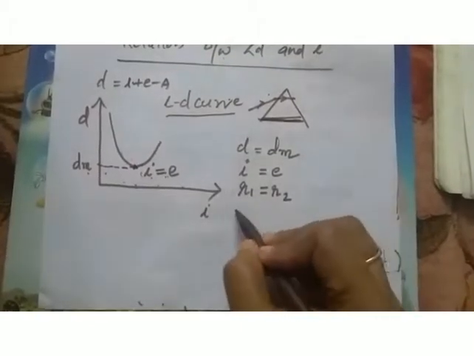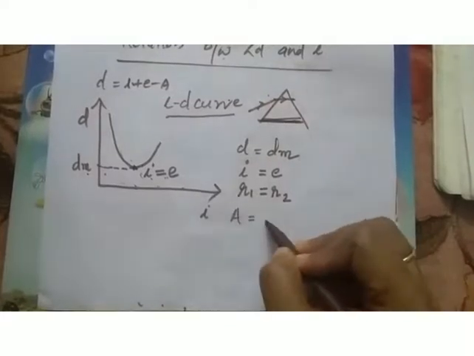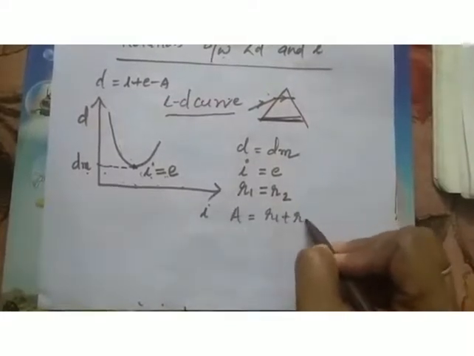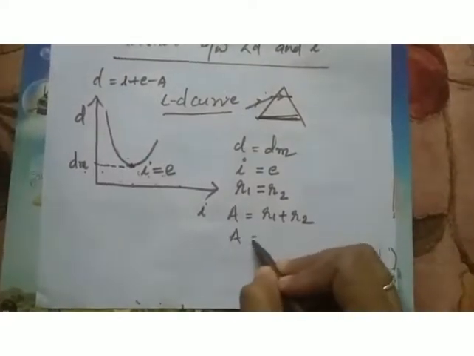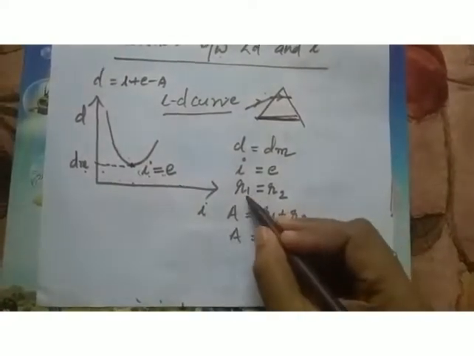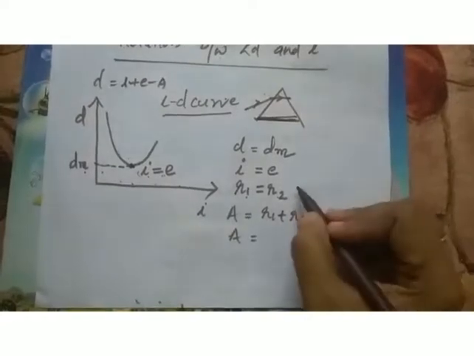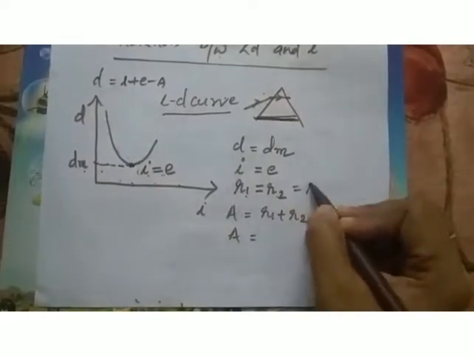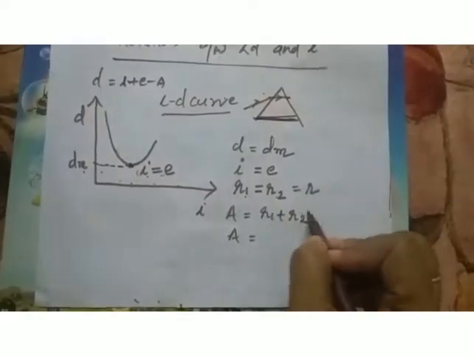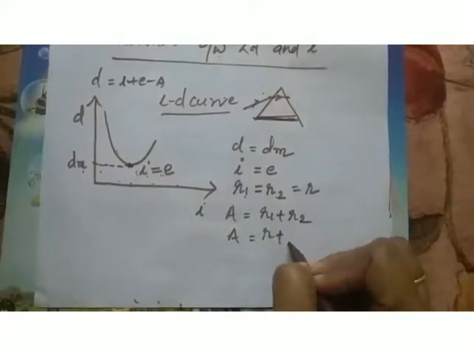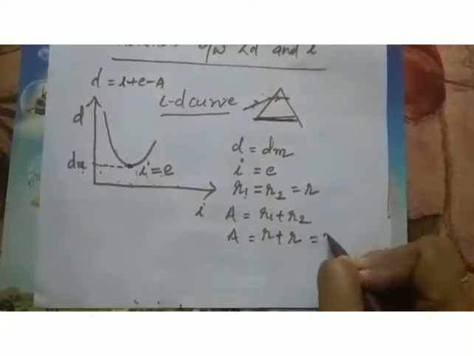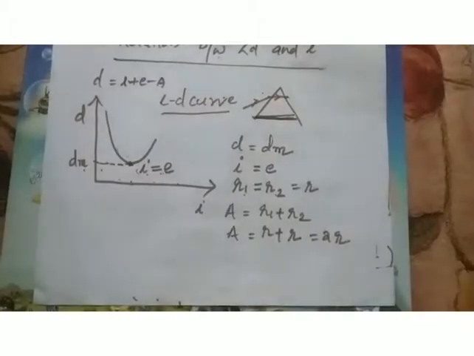And in the previous derivation, we got an expression, that is angle A is equal to R1 plus R2. So at the minimum deviation position, what will be angle A? Since R1 is equal to R2, we can equate both quantities to a common value R. R1 plus R2 will be equal to R plus R, that is equal to 2R.